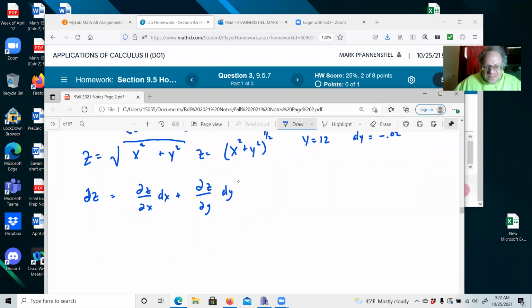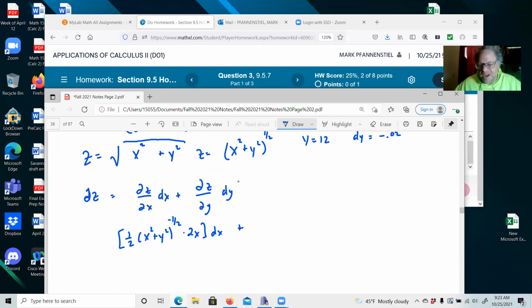Okay, so what's the partial derivative here with respect to x? So we're going to have 1/2 times (x squared plus y squared) to the negative 1/2, that's the derivative of my square root, times my chain, 2x; the chain here for y is 0, okay? And then we're going to have our dx here, okay?